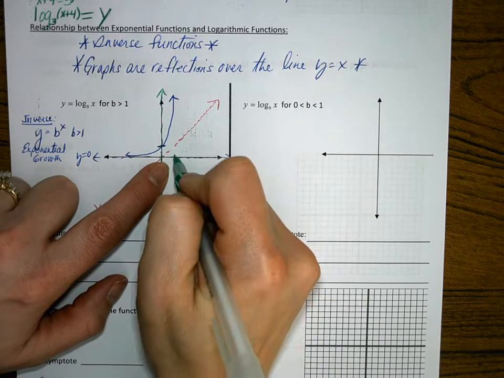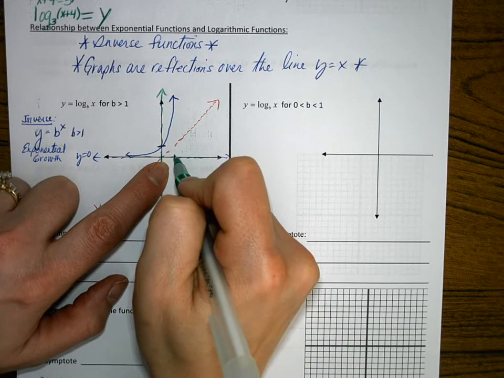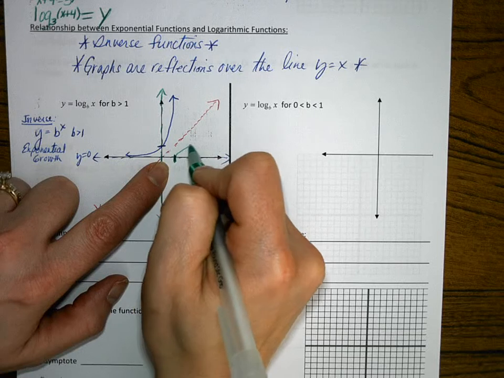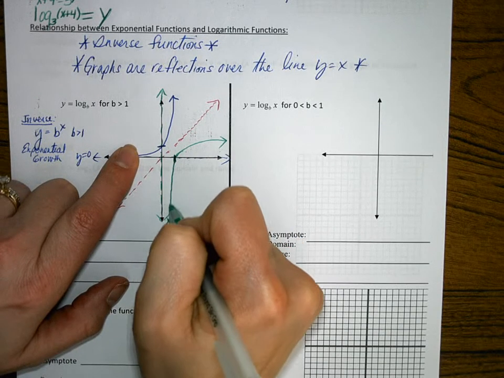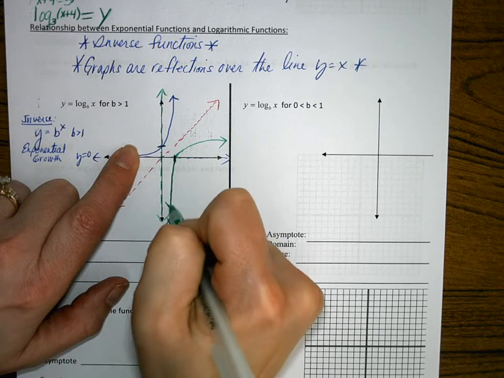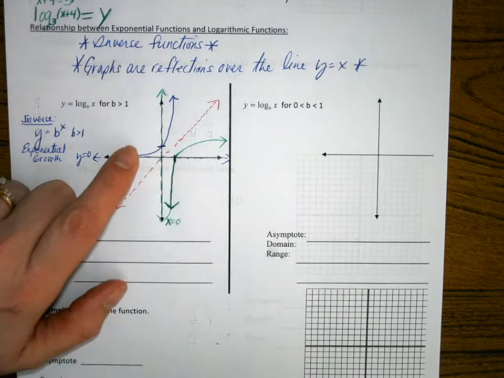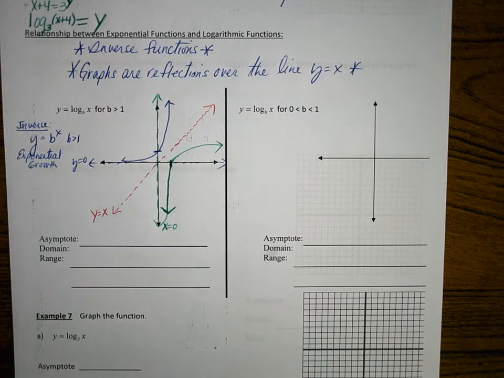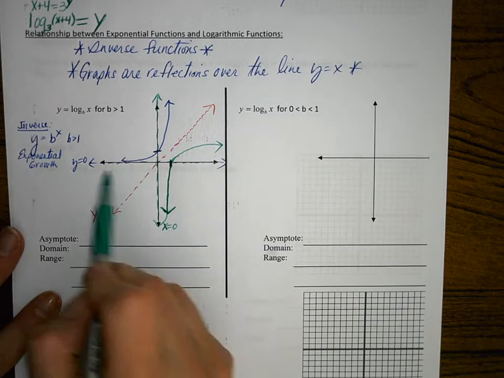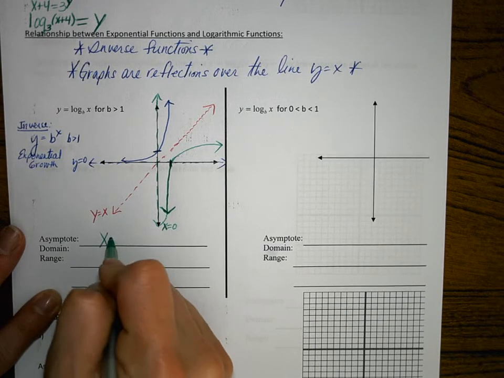And if I'm looking for a reflection, my graph is going to look something like this. So the parent function for my logarithmic function is going to be to the right of the y-axis. My asymptote is now x equals 0.